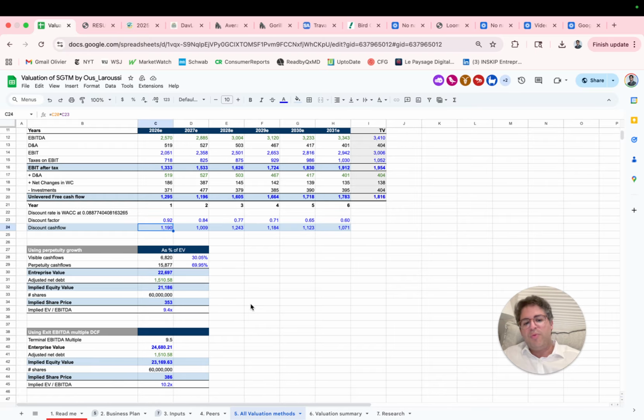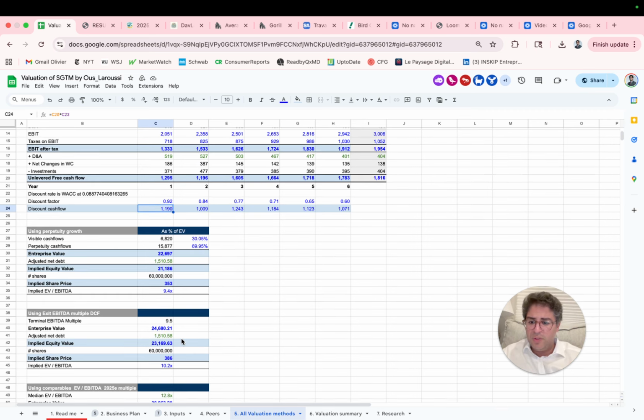And then I'm going to bring this terminal value into today's terms, into 2025. But I'm also summing all the free cash flows between 2025 and 2031. And this is what I'm doing here.